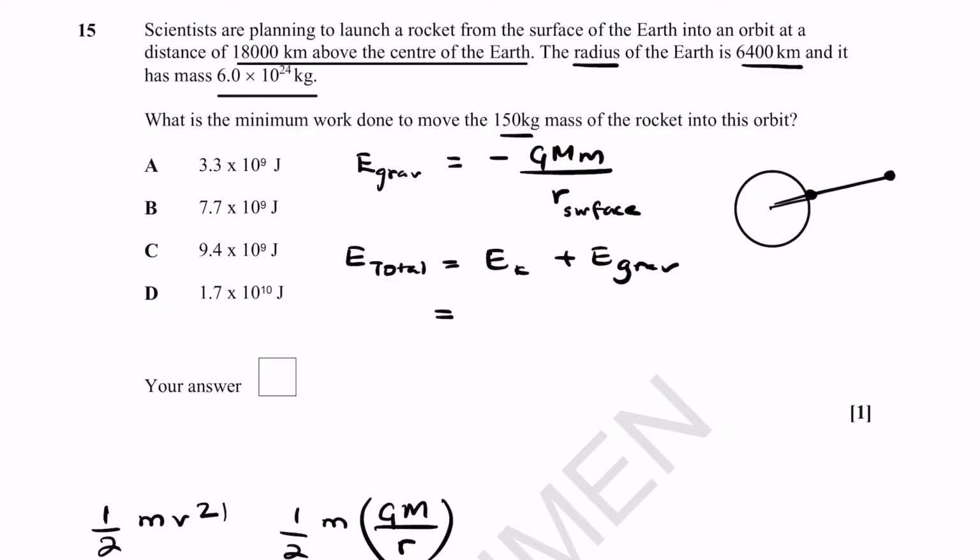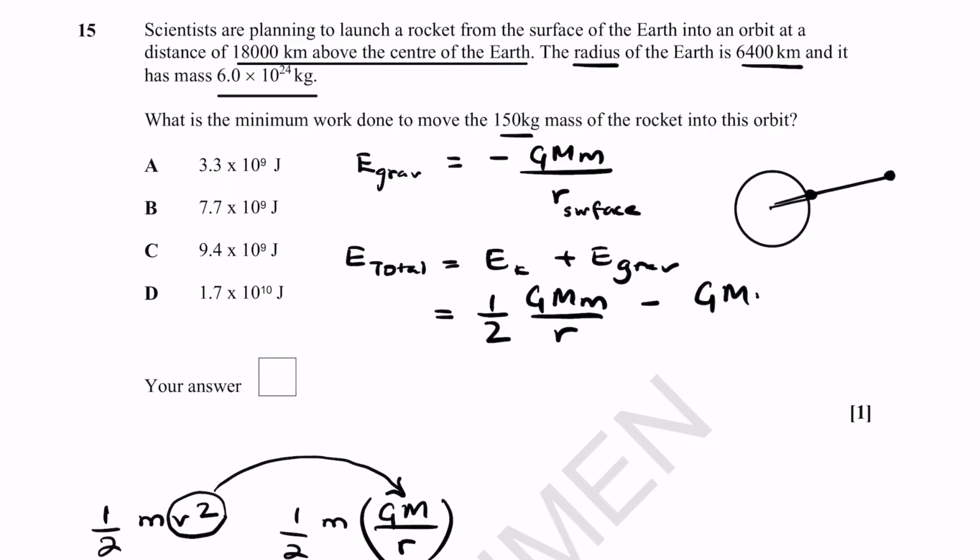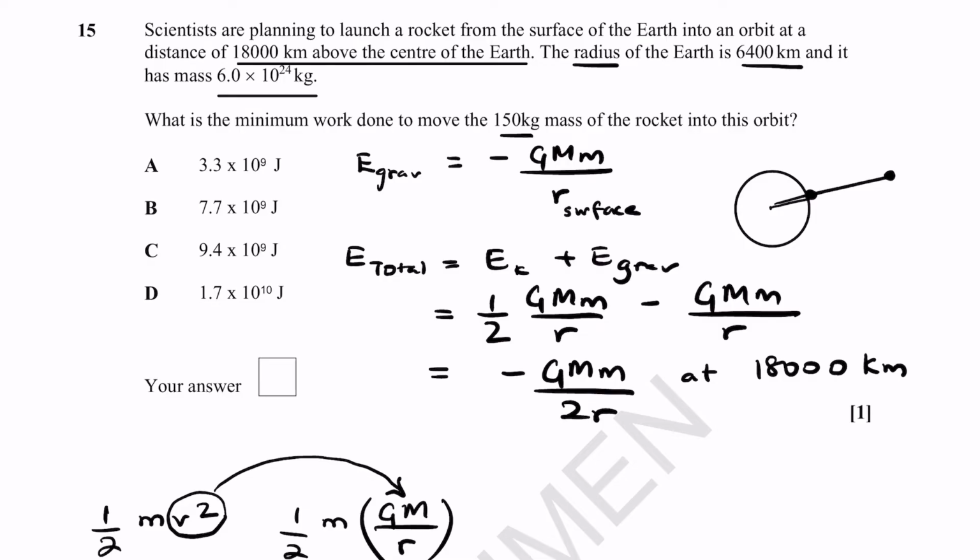So v squared right here is essentially that, so it is half GMm over r, and the gravitational potential energy is minus GMm over r. So overall the energy is minus GMm over 2r. This is the energy at 18,000 kilometers from the center.